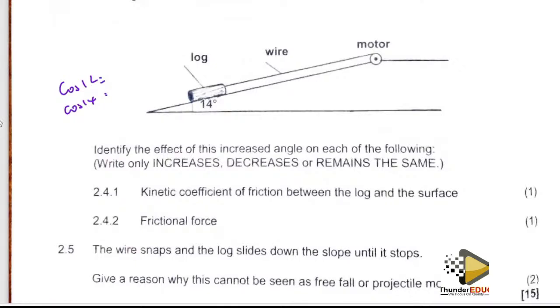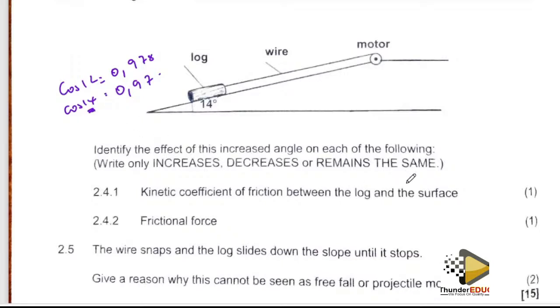From my calculator, the cos of 12 is 0.978, and then the cos of 14 is just 0.97. So increasing the slope will reduce the friction.